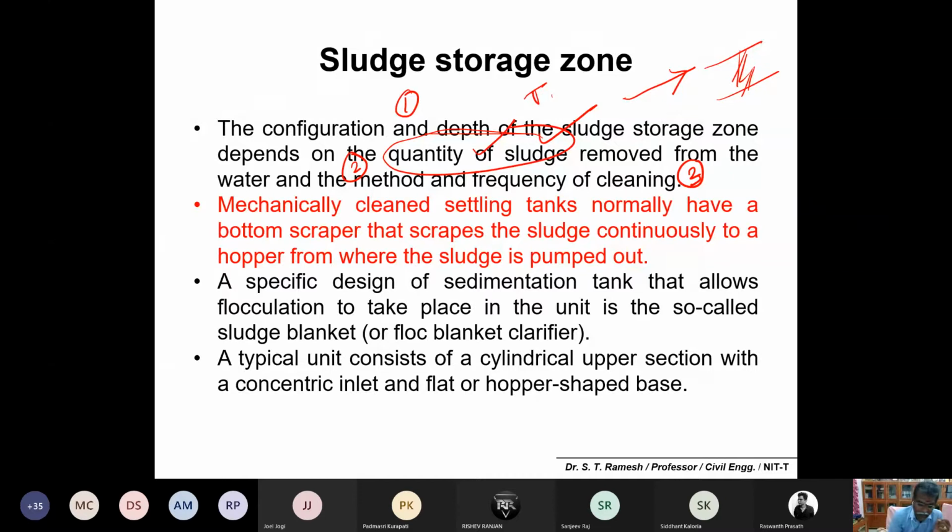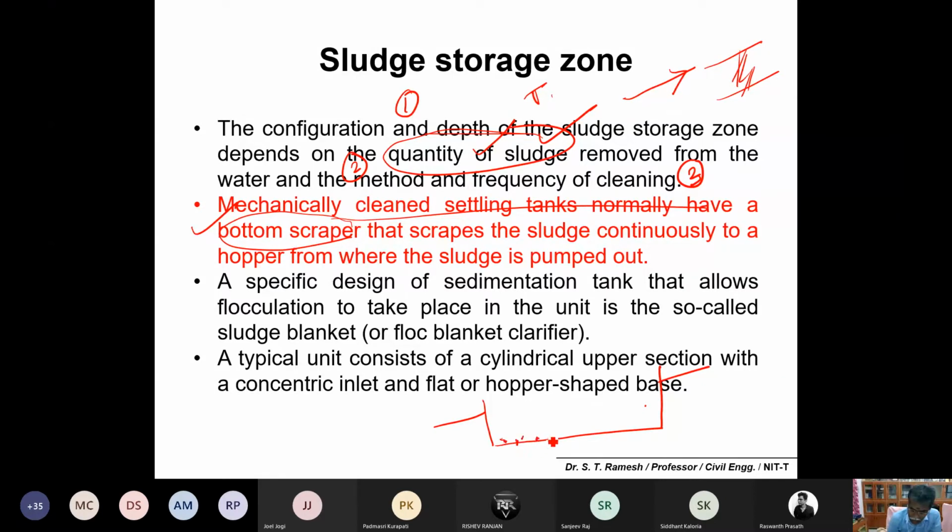Okay, and the second one, the removal method. Mechanically cleaned settling tanks normally have a bottom scraper that scrapes the sludge continuously to a hopper bottom. Please make a note. If it is a rectangular sedimentation tank, you should have a slope. This is your influent and effluent, and normally you have scraper blades at the bottom.